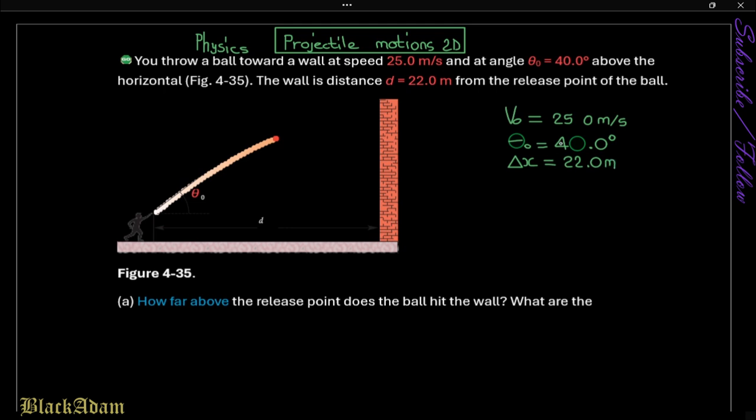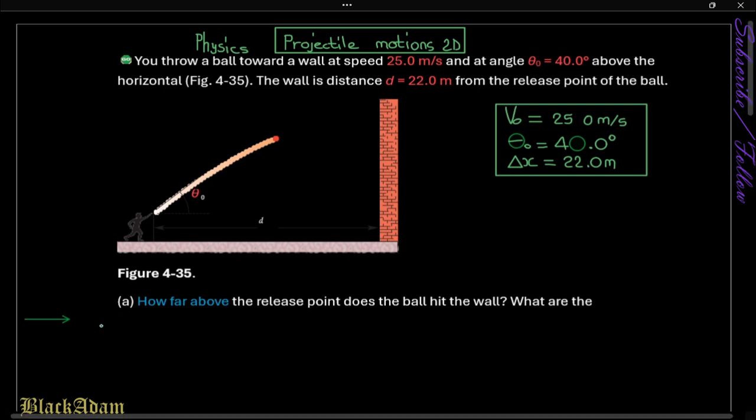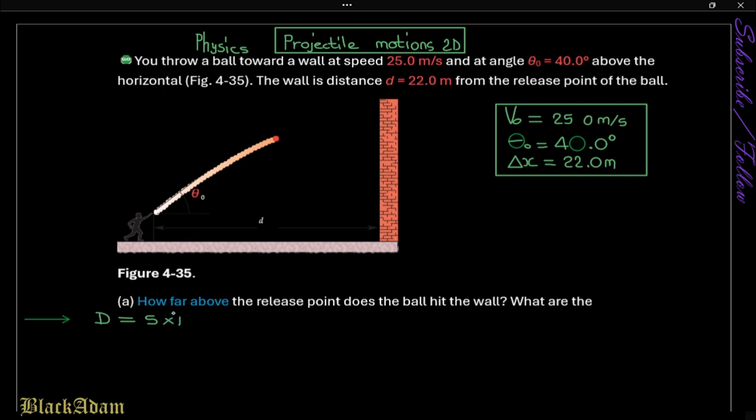The change in horizontal distance is 22.0 meters, and distance is equal to speed times time.